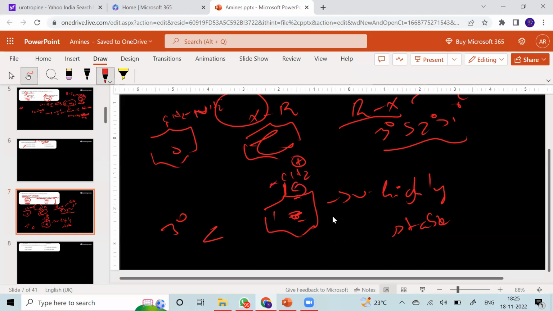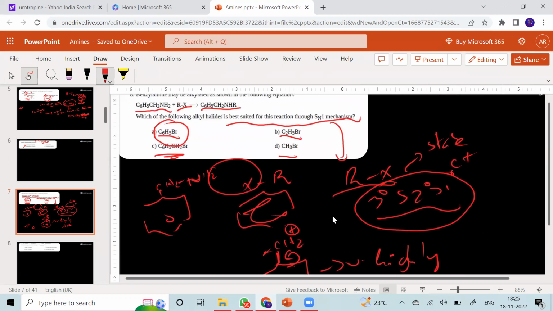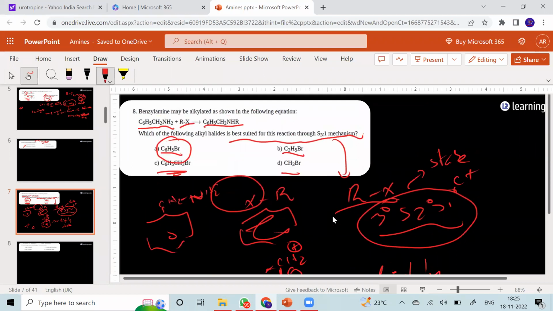It is resonance stabilized. That's the reason why this carbocation is going to be very, very highly stable. The general rule is tertiary more stable than secondary, greater than primary. It's a very general concept. There are so many things you have to understand if you want to go for JEE Mains level or even NEET exams level. Anyways, this is stabilized by resonance. So that is the one that is going to form your most stable carbocation, and that is the best suited alkyl halide because that is what is going to react the most efficiently. So the answer is C.